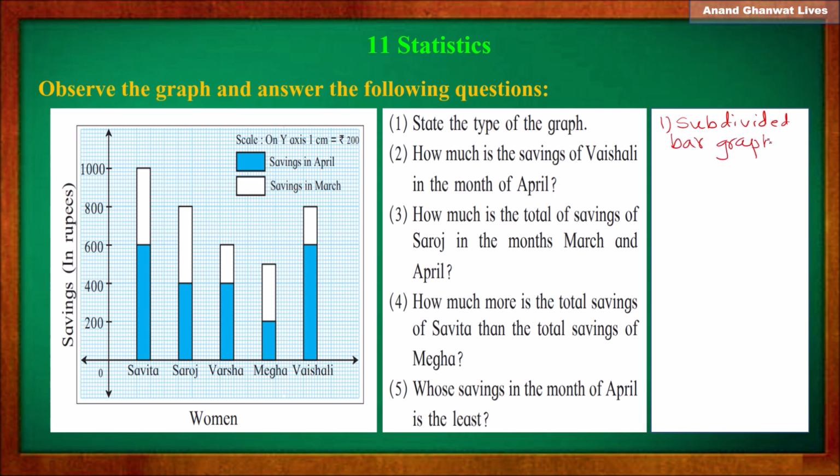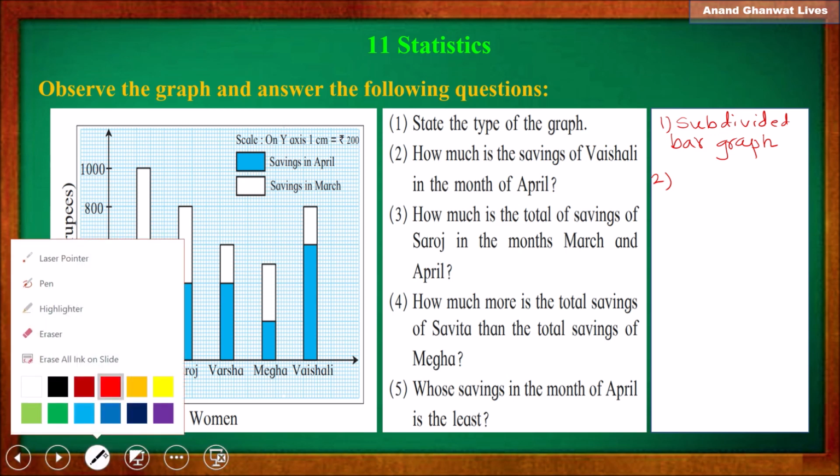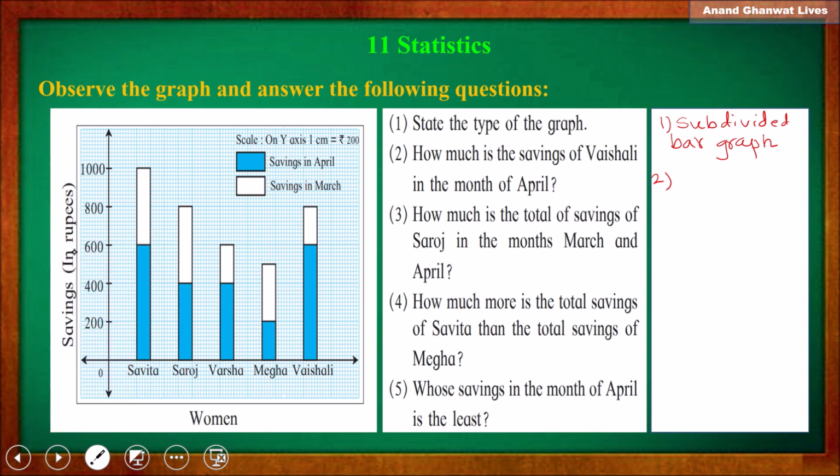Now, second question is given here. How much is the saving of Vaishali in the month of April? So the saving of Vaishali is shown by this graph, and her saving in April is shown by blue color.